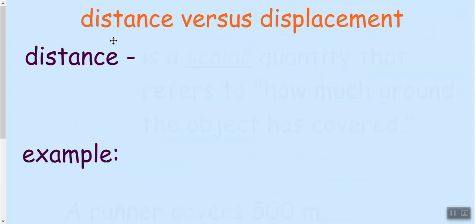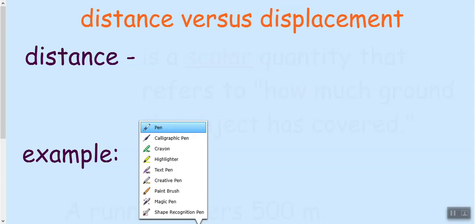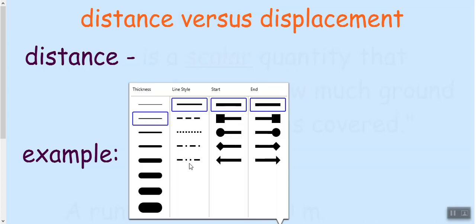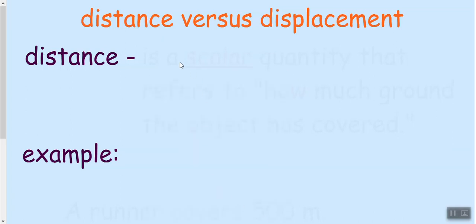Again, distance is a scalar quantity and displacement is a vector quantity. We should be able to see a big difference between the two, although there's some similarity, and that is the magnitude and the unit. Otherwise, they are technically different in terms of describing them in physics.